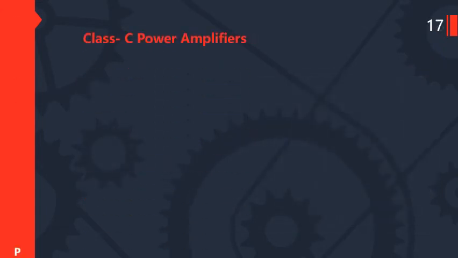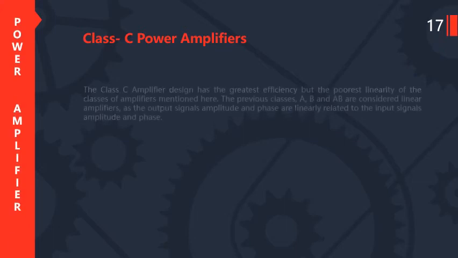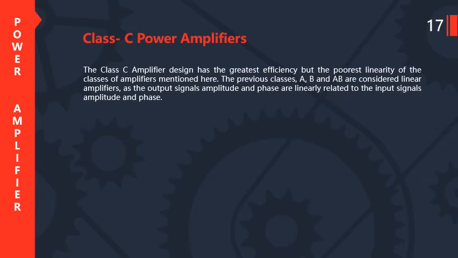So the next is class C power amplifier. The class C amplifier design has the greatest efficiency but the poorest linearity of the classes of amplifier mentioned here. The previous classes A, B and AB are considered linear amplifiers, as the output signal amplitude and phase are linearly related to the input signal amplitude and phase.